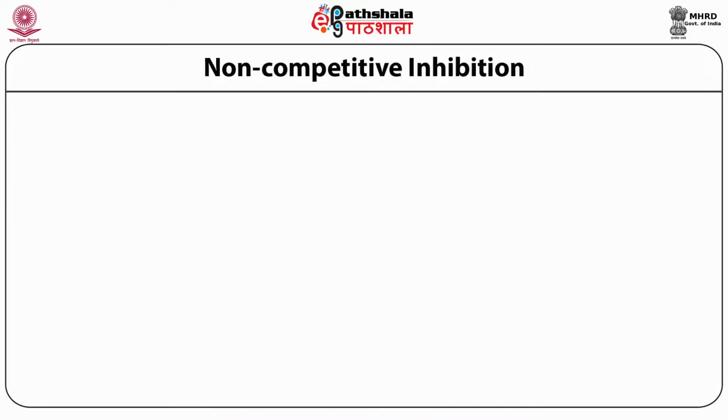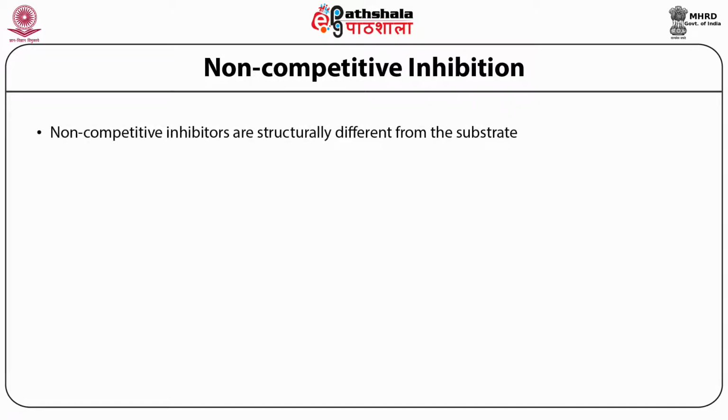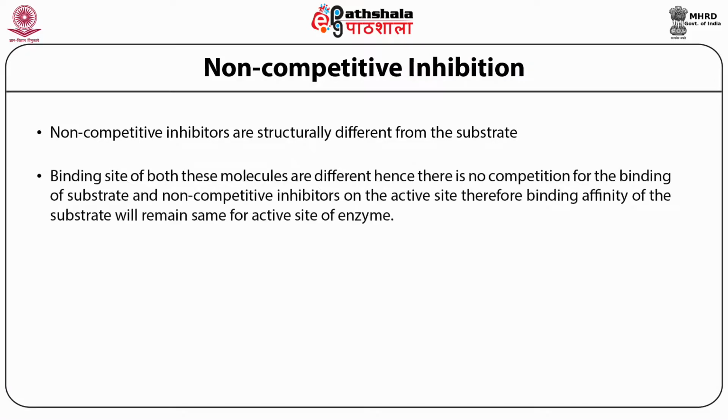After discussion of competitive inhibition, the next type of reversible inhibition is non-competitive inhibition. As the name suggests, a non-competitive inhibitor does not have any structural resemblance with the substrate. Therefore, they don't have common binding sites.